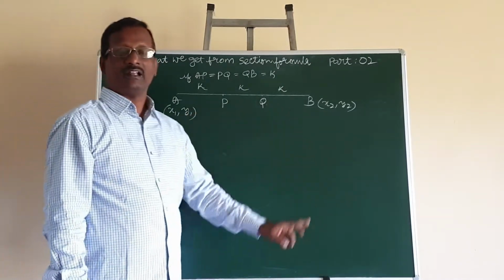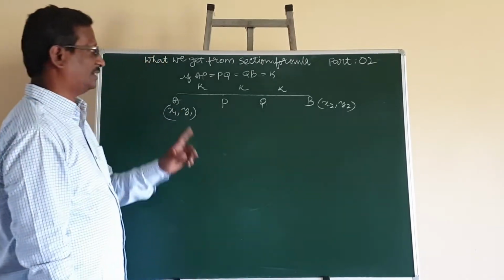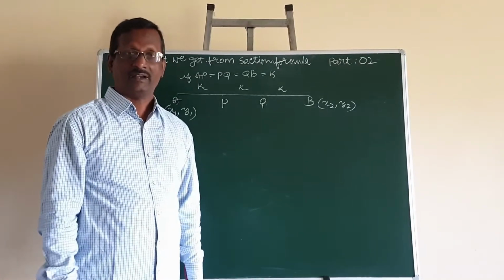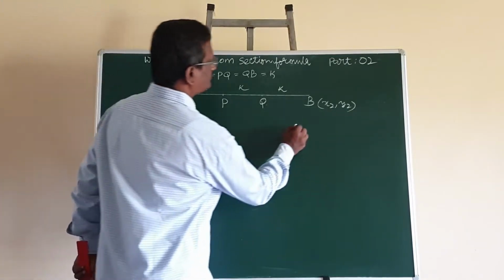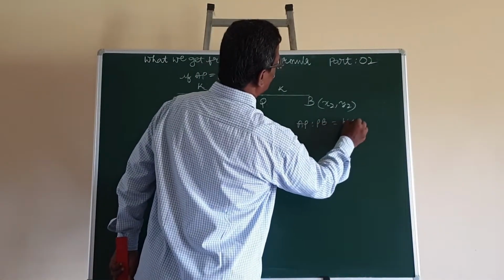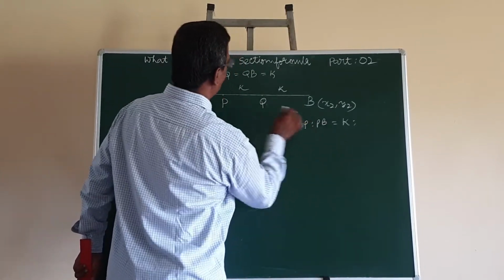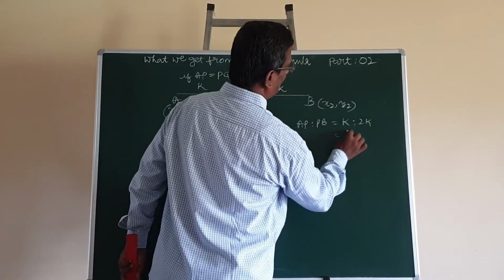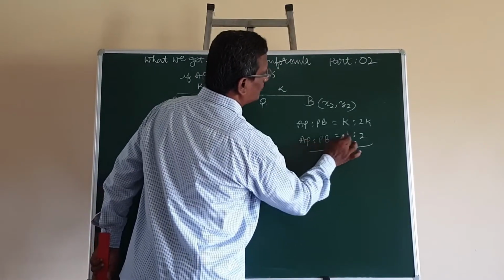It means the line segment AB is divided by the two points P and Q into three equal parts. That is called the trisecting points. In fact, the midpoint is only one for the given line segment. Trisecting points are two. Here, if you see the ratio, AP is to PB is equal to k is to PB, where PB is equal to k plus k, that is 2k. On cancelling the k, AP is to PB is equal to 1 is to 2.